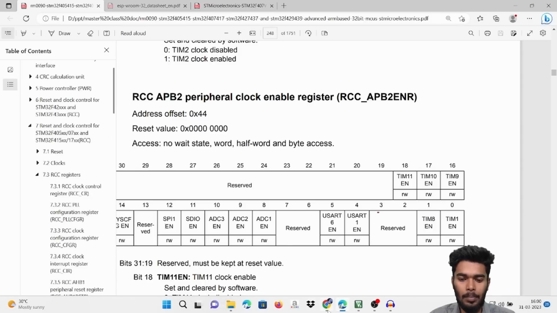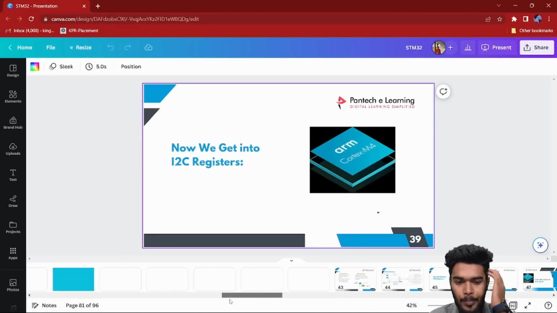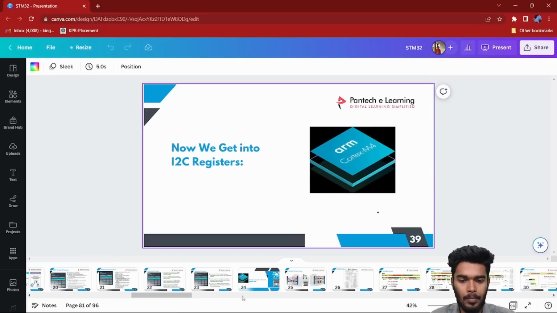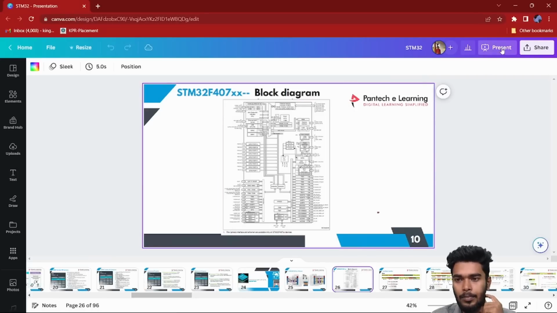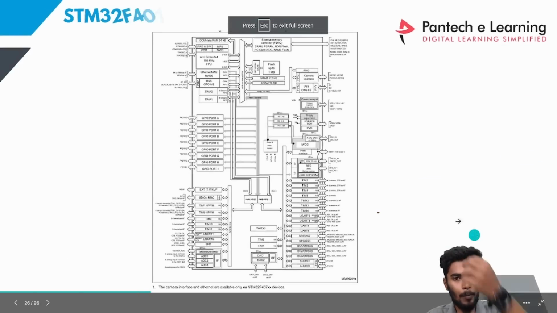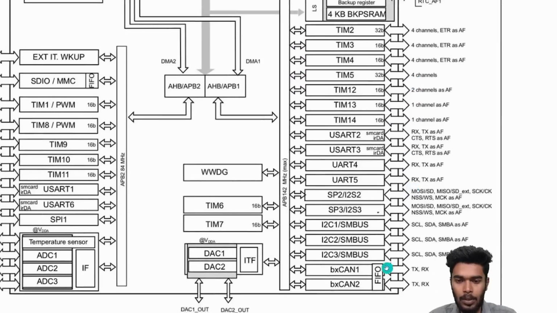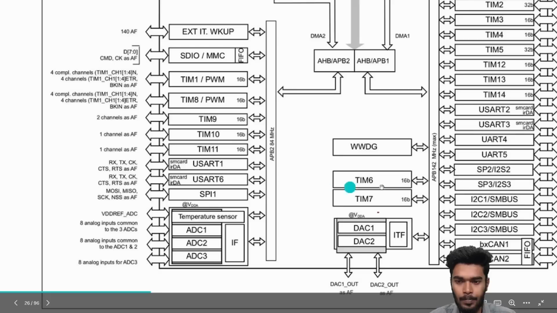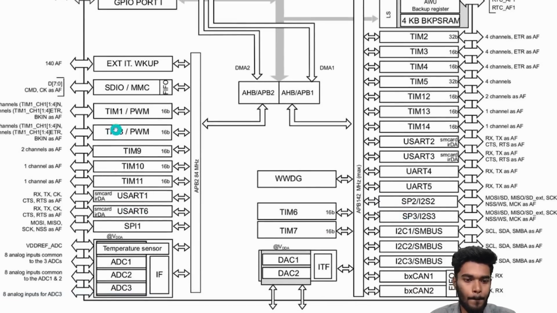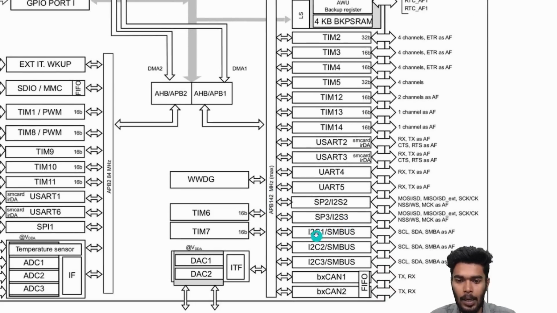So go to the block diagram. What is the I2C? We are going to use this I2C 1. You can see in the block diagram that I2C 1 is connected to the APB bus 1.